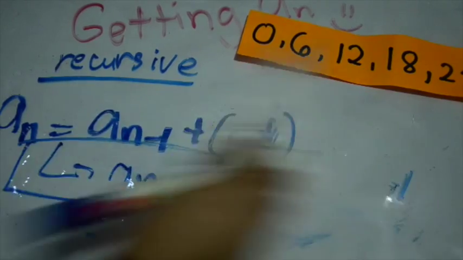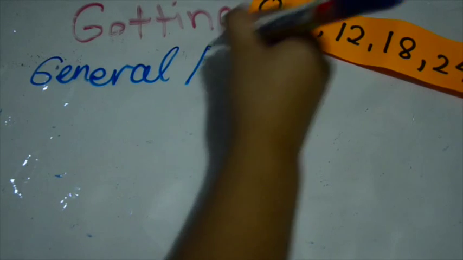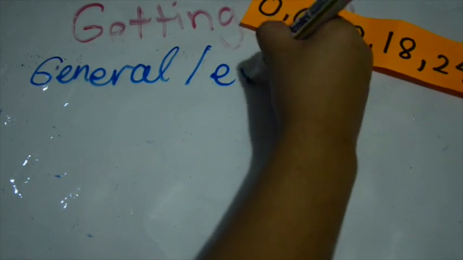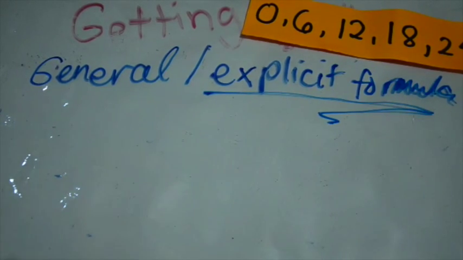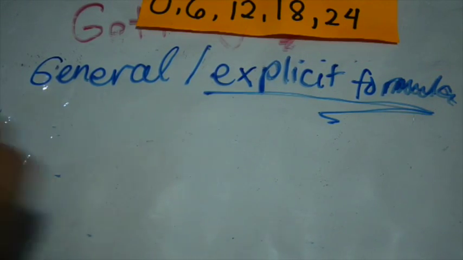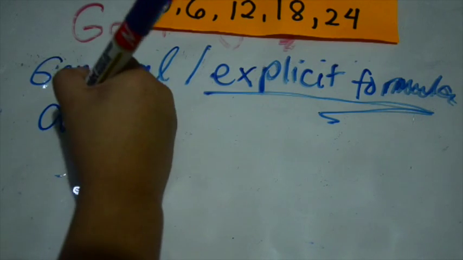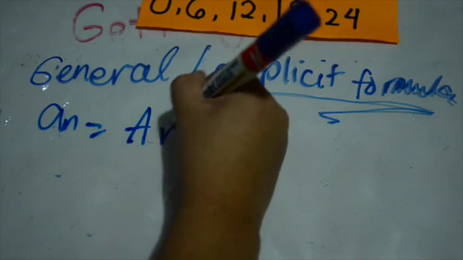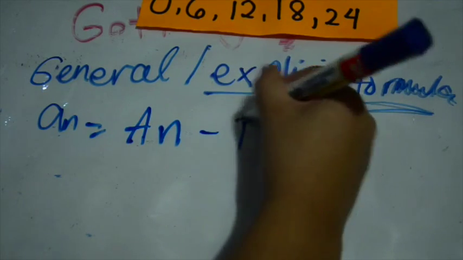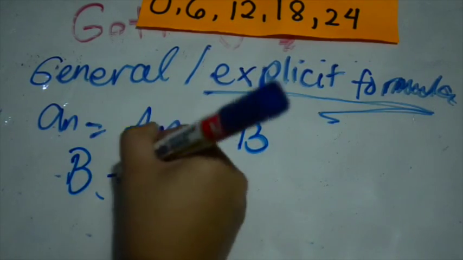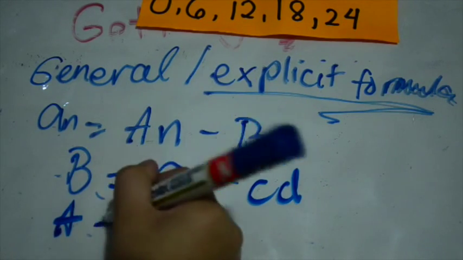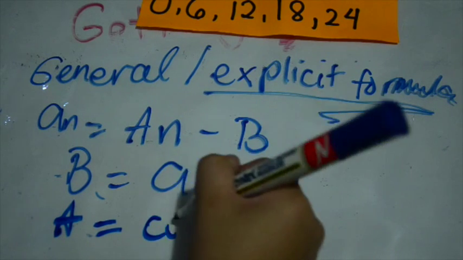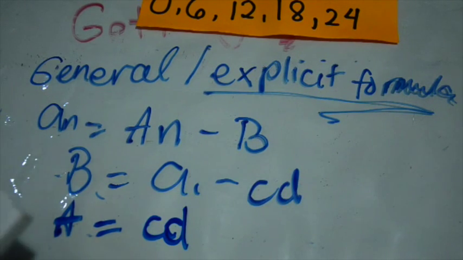On the other hand, let's write the explicit formula. Now, in the explicit formula, assume that we have a sub n equal to a times n minus b. B is equal to a sub 1 minus the common difference, while a is equal to the common difference.